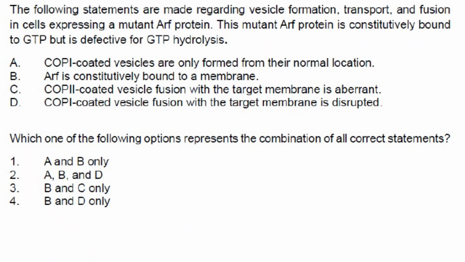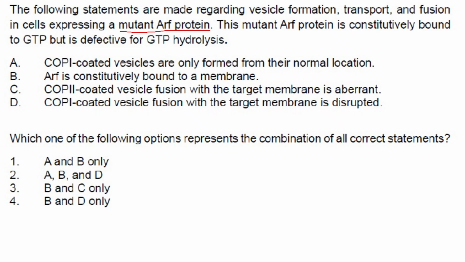Then the next one. The following statements are made regarding vesicle formation. You should remember the SNARE proteins, V-SNARE, T-SNARE, then fusion of the vesicle with the target membrane. All these things you have to remember. This is about vesicular transport and fusion in a cell expressing a mutant ARF protein.